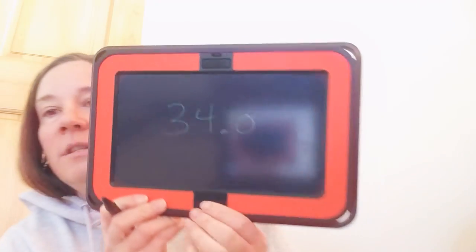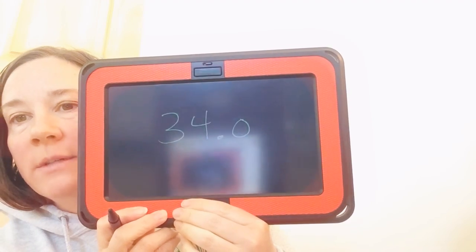So if we have 34 and we multiply it by 10, the 3 shifts from the tens place and then goes into the hundreds place. The 4 shifts from the ones place and moves into the tens place. Our new number becomes 340. Okay? So we could look at 34 like this, using a decimal, since that's what we're talking about today.